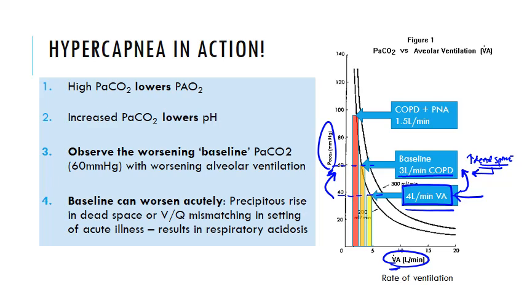Points to note about an increasing baseline of PaCO2 is that a higher arterial PaCO2 lowers the alveolar oxygen concentration. Similarly, an increased arterial CO2 concentration lowers the pH or makes the patient more acidic.